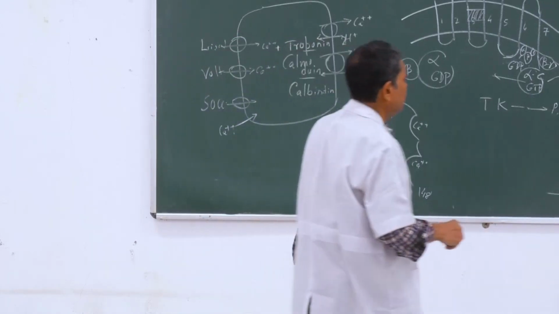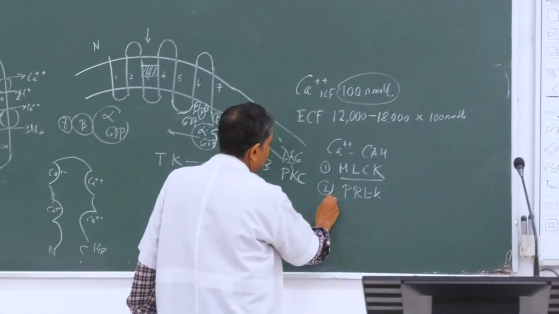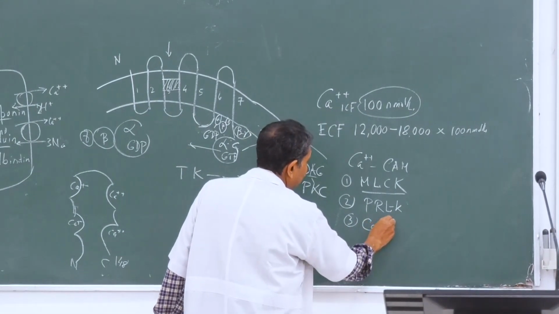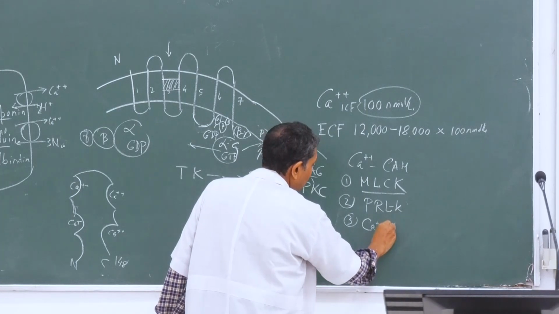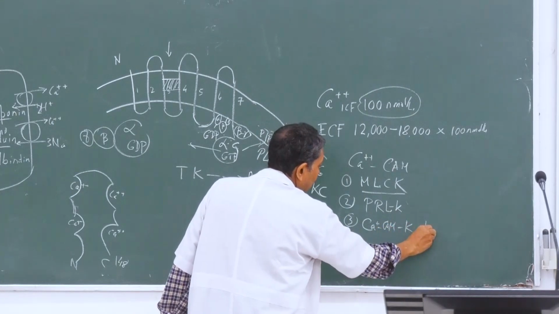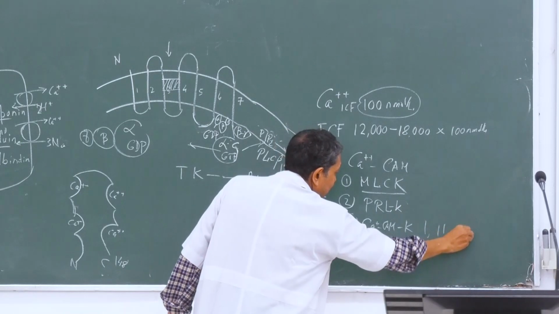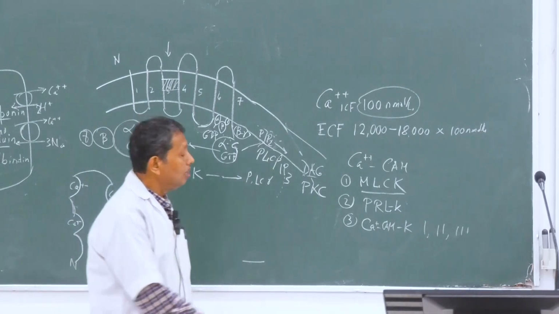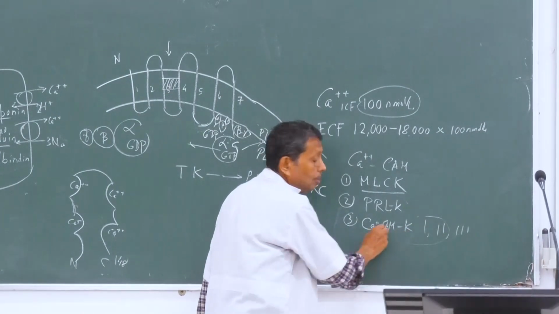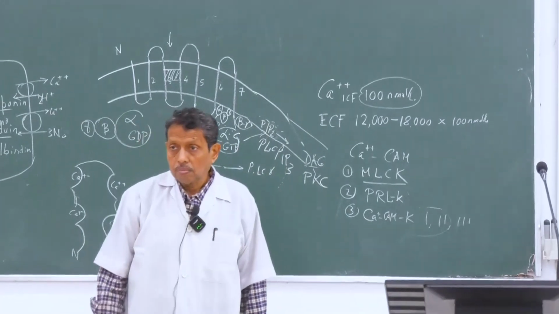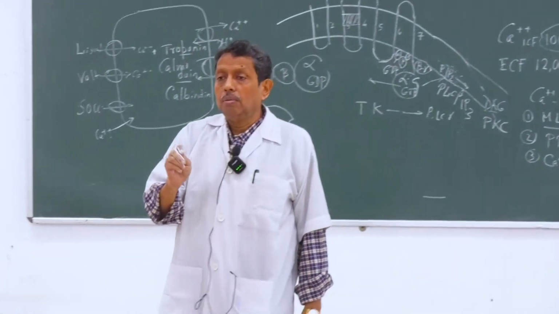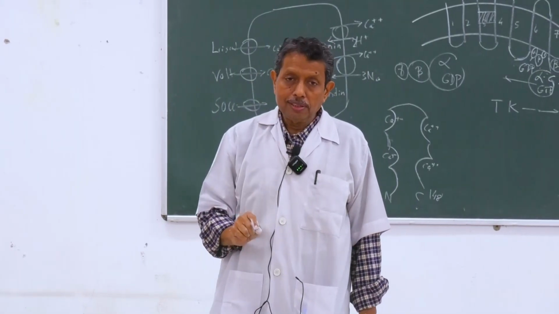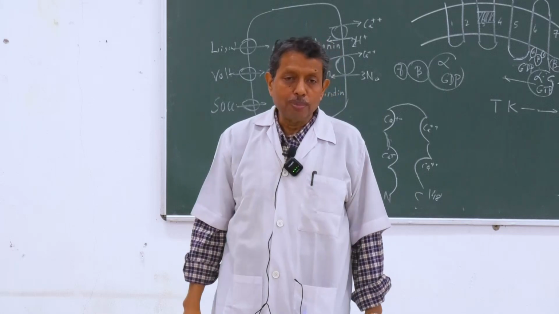And others are calcium calmodulin kinase 1, 2, and varieties. Different types of varieties. And 1 and 2 are related to synaptic function. In synapses, the presynaptic neuron harbors the vesicles that contain the appropriate neurotransmitter.